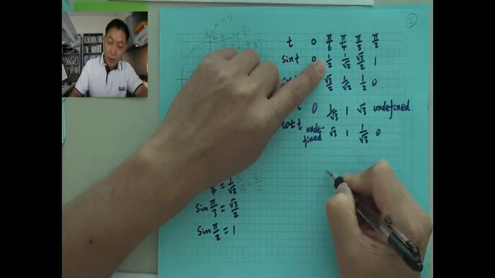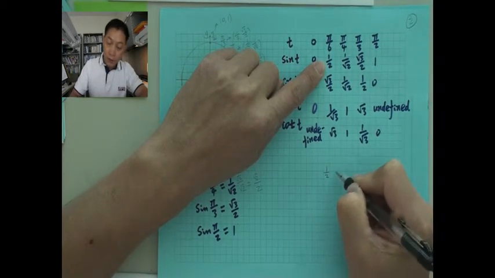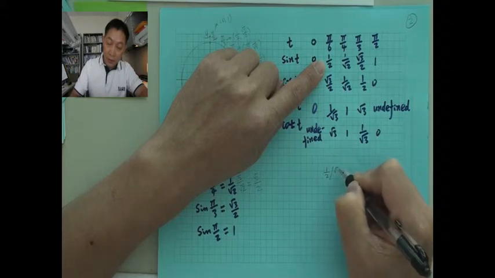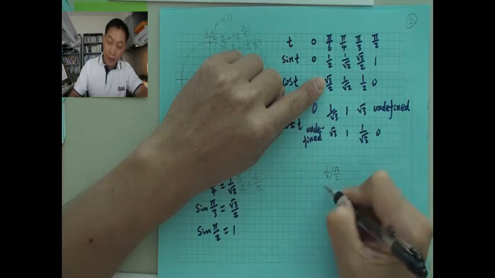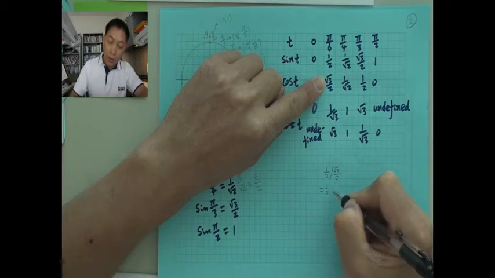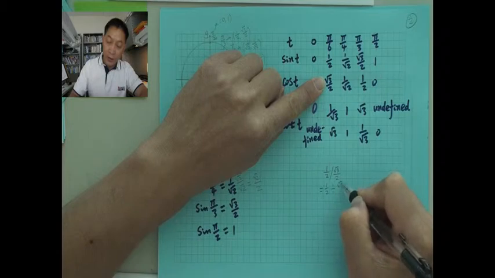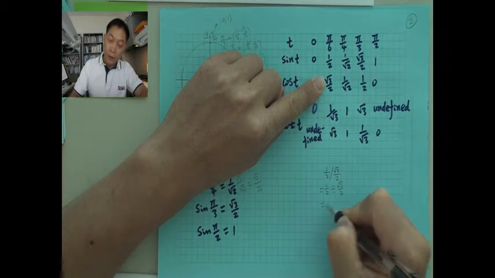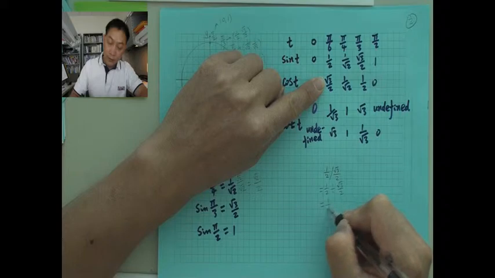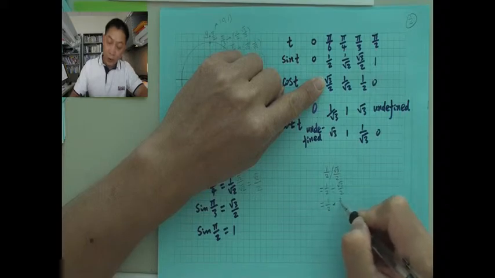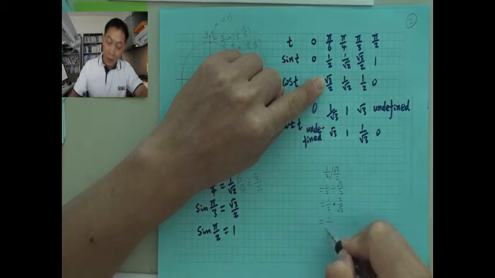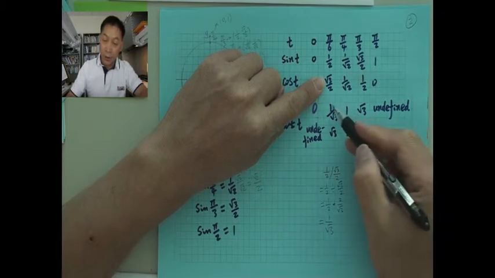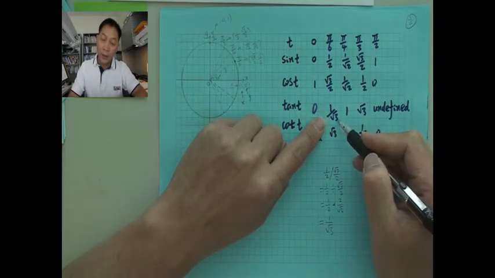You see, 1/2 divided by radical 3 over 2, divided, change to multiplication, you flip numerator and denominator, 2 cancel each other, so you have 1 over radical 3, and that's 1 over radical 3 right here.